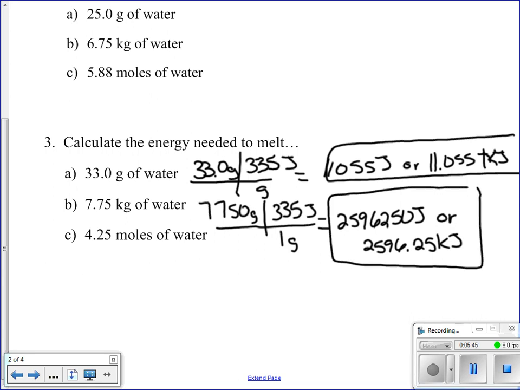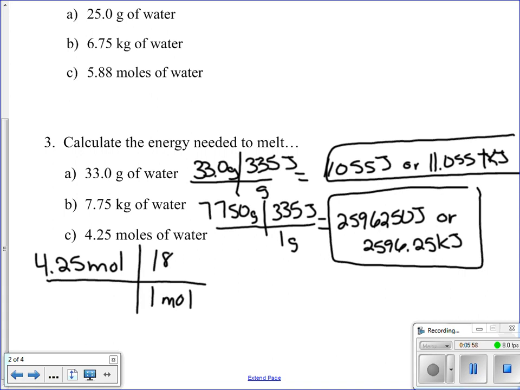And then again, they give us one in moles of water. So the first thing we have to do is take that moles and convert it to grams. We know from the periodic table and our molar mass that there are 18.02 grams of water in every mole. So this gives us 76.585 grams.